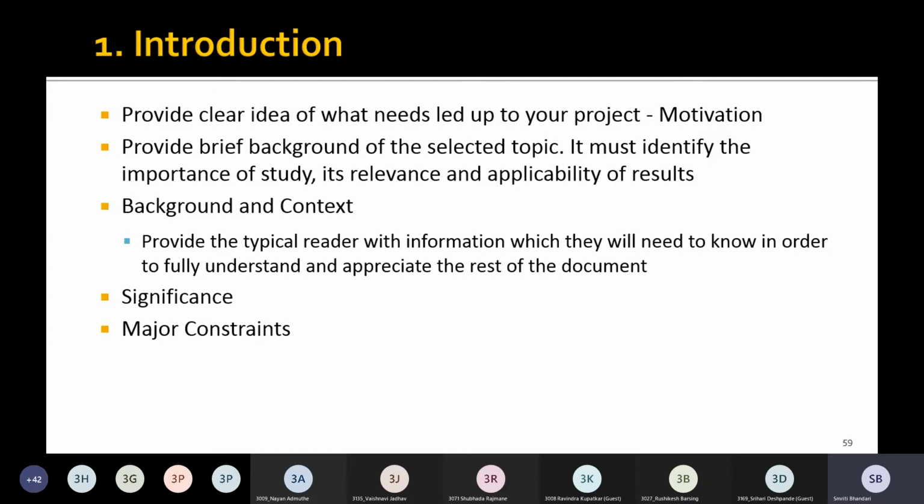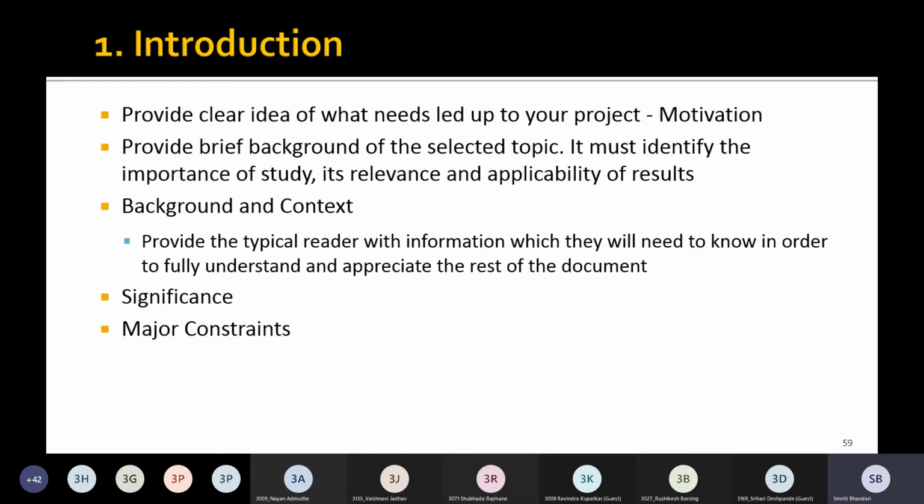Then we need to provide major constraints. As I stated, major constraints are the limitations of our project. If we have any constraints, any points that we have not considered or addressed in the project, then we should clearly mention these constraints.